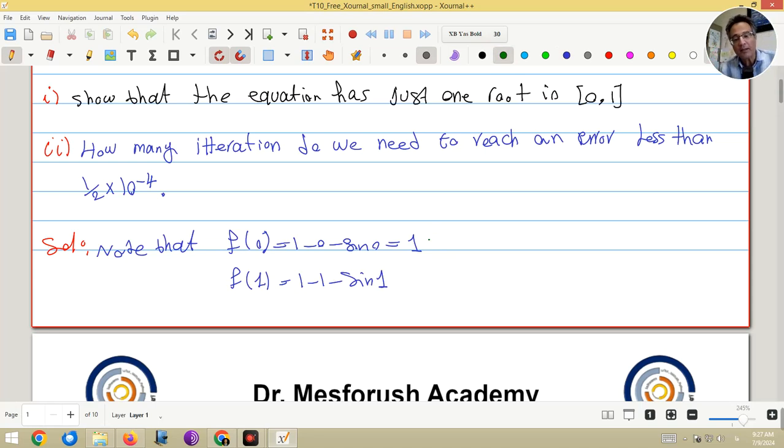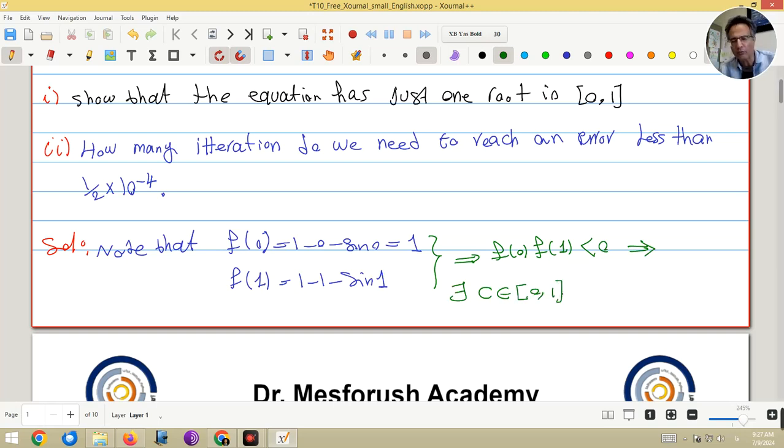So by these two facts, we get that f(0) times f(1) is less than 0, and by the Bolzano theorem there exists c in the interval 0 to 1.